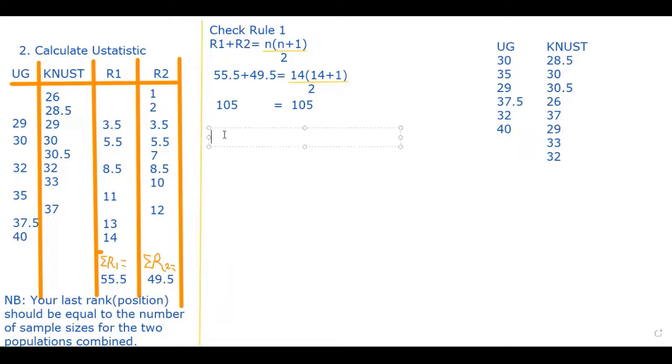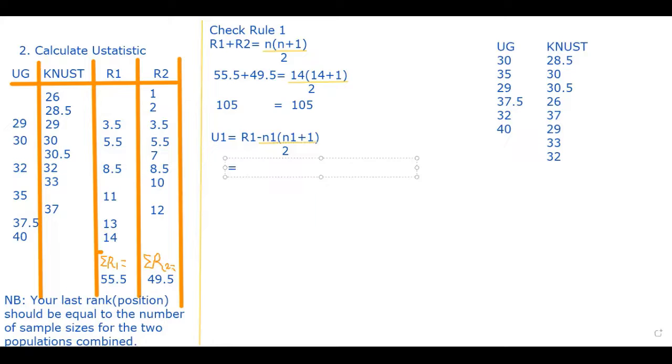Now we can move on to solve U1 and U2. So U1 here, I quite remember I gave you the formula. So it was R1 minus N1 times N1 plus 1 divided by 2. So just compute the U1 for me.